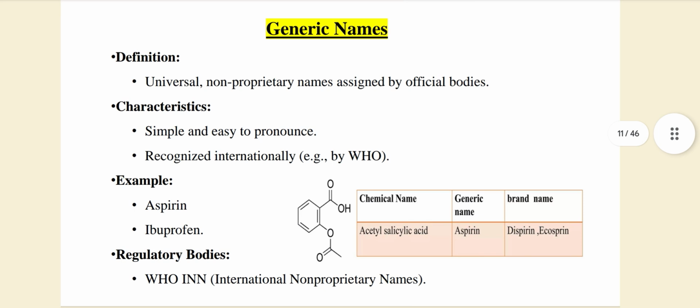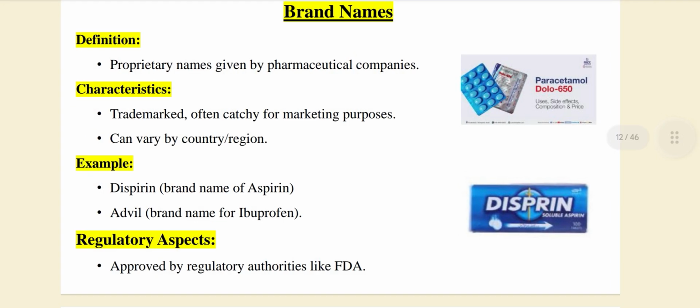The table on the right side gives the chemical name, generic name, and brand name. The acetyl salicylic acid is the generic name, also called aspirin, and the brand name is aspirin, otherwise called Ecosprin.